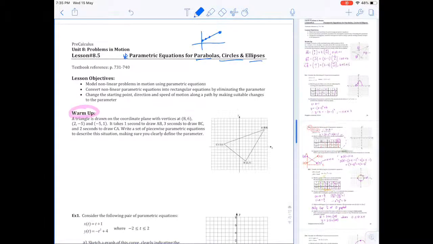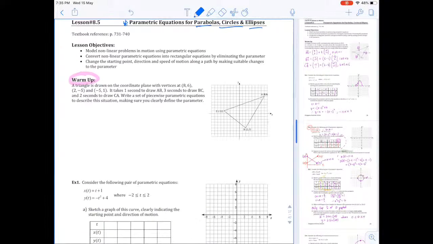If the line represented a particle, we were able to layer on top the position of the particle at different times, and therefore, once we knew time and starting point, model what direction the particle was traveling in. These conceptual ideas are identical for this lesson on parabolas, circles and ellipses, and that's a really important point to keep in mind as we move through this.